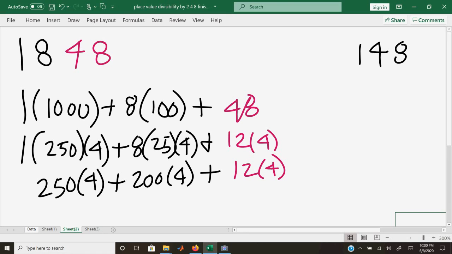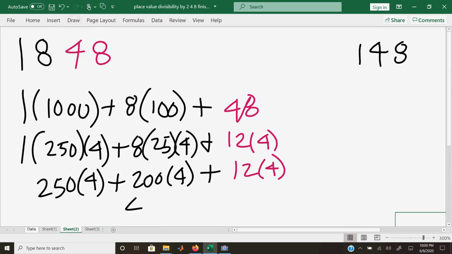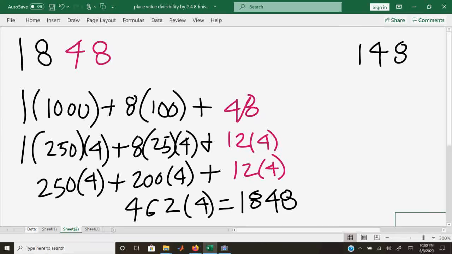And I can see that I'm divisible by 4 because when I divide by 4, I'm going to have 462 4s in 1,848. So I need to check the tens digit and the ones digit, the digit in the tens place and the ones place. I need to check both of those digits to see if it's divisible by 4, not just the last one.